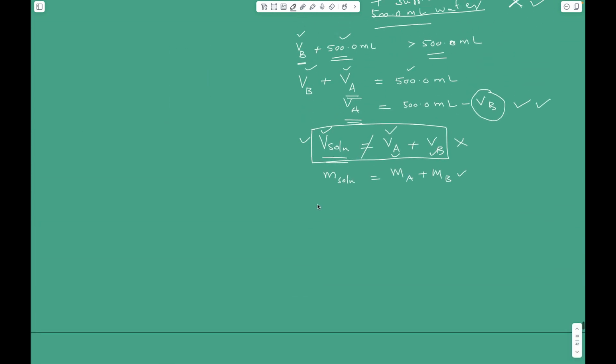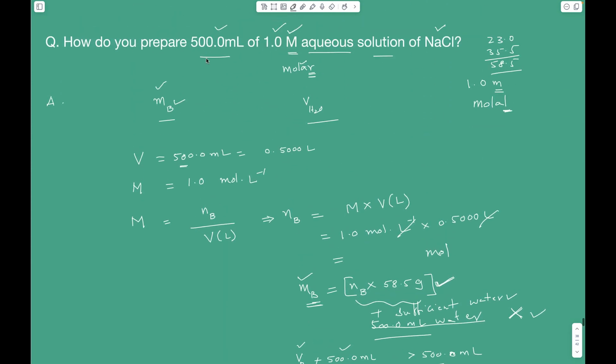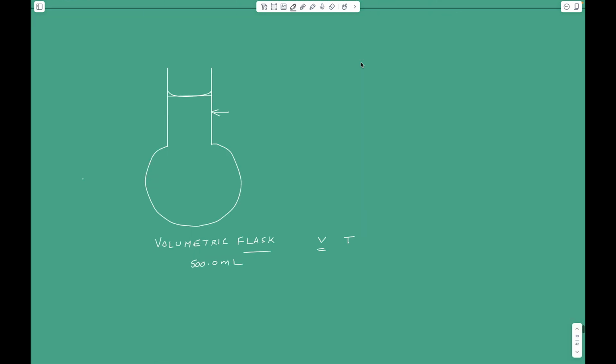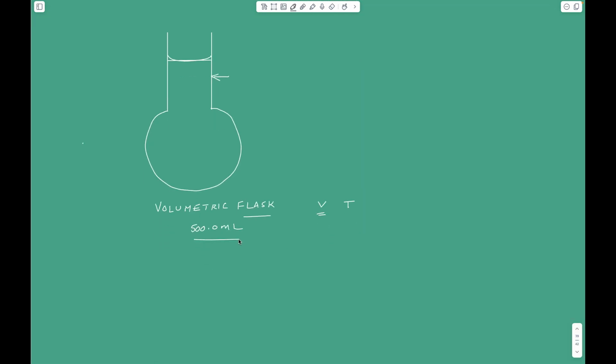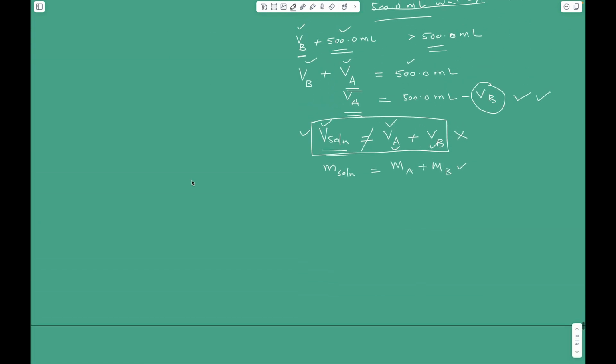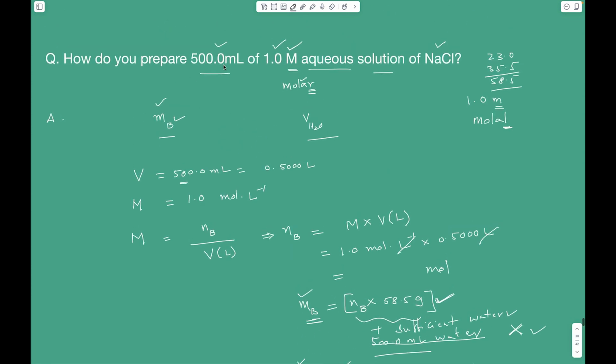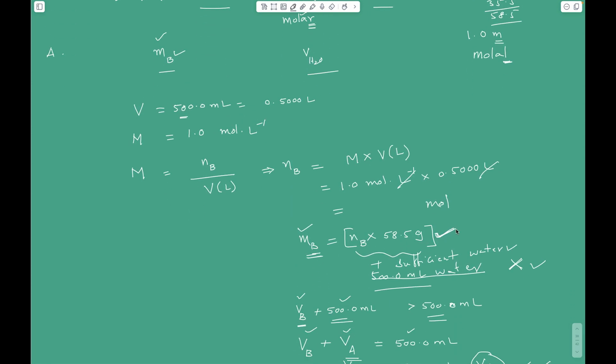Now here we wanted to prepare 500 milliliters of the solution, right? So you pick a volumetric flask that has a volume of 500 milliliters. Take an empty volumetric flask with this volume, and you know the exact mass of sodium chloride needed to prepare this solution. We calculated that here.